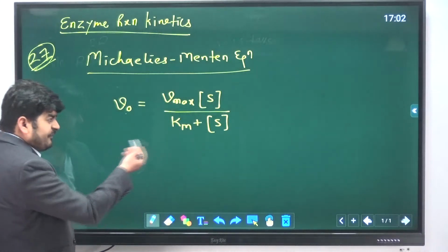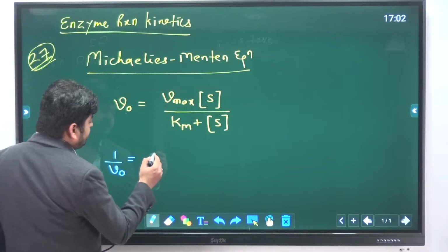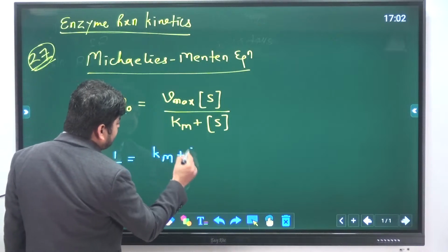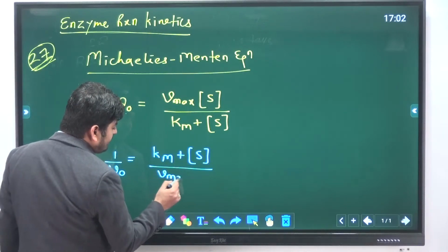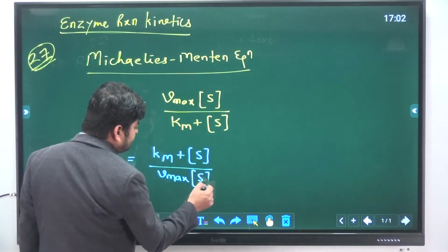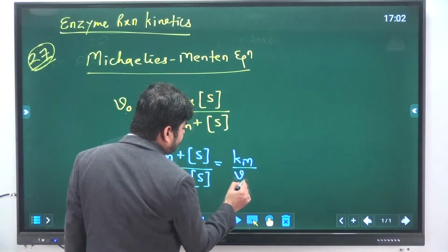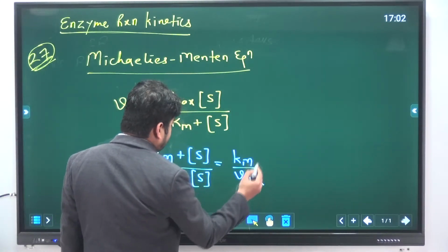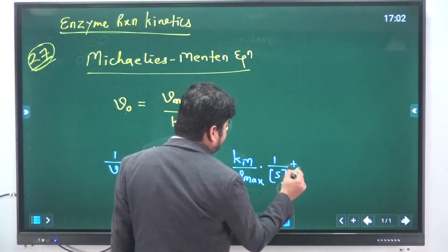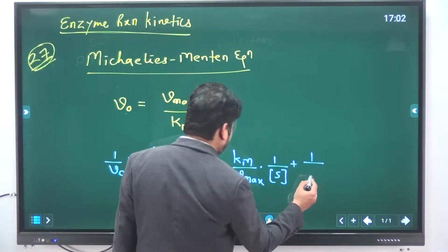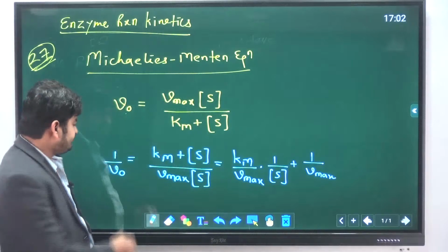If you take the reciprocal of this equation, it will become 1 over V naught equal to Km plus concentration of S, divided by Vmax into concentration of S, which you can also write as Km over Vmax into 1 upon concentration of S plus 1 upon Vmax.